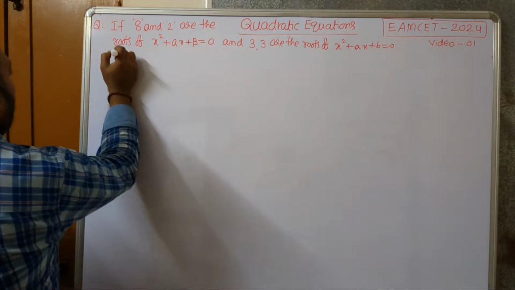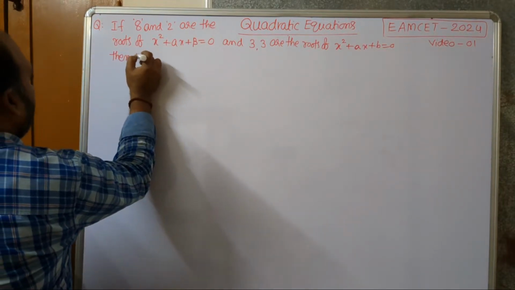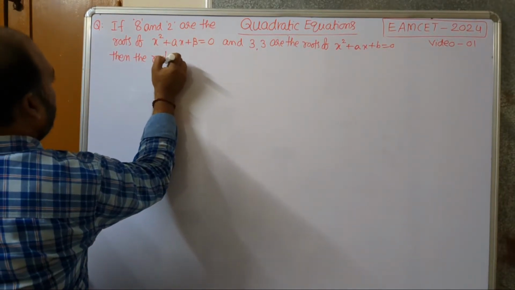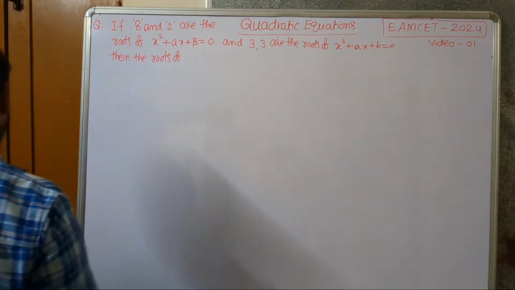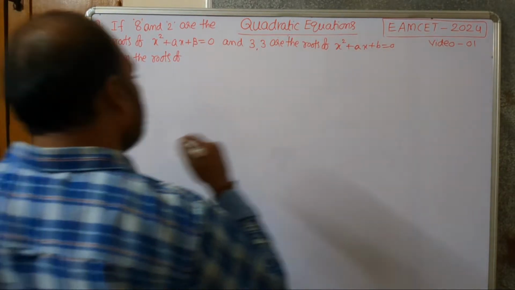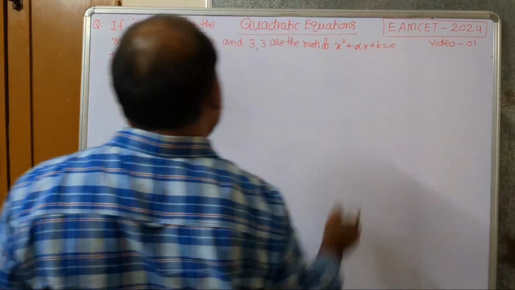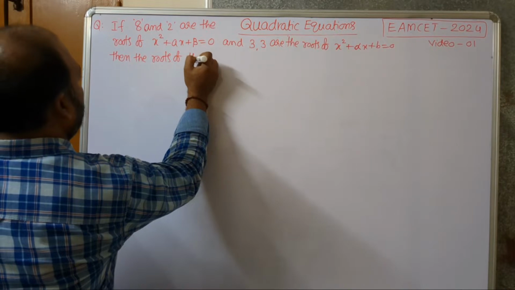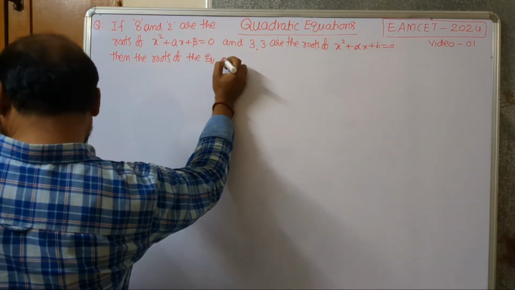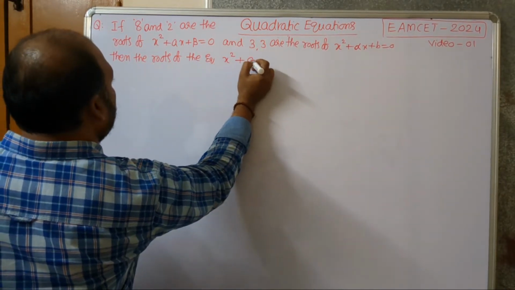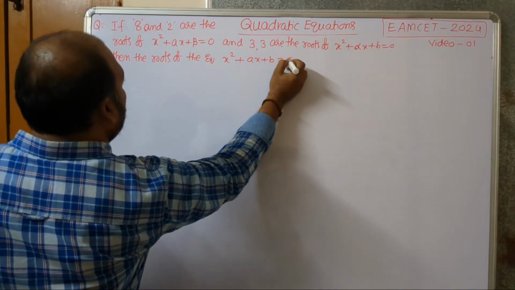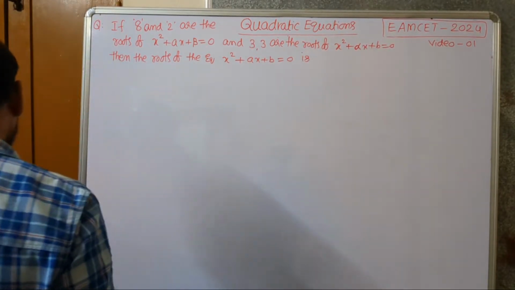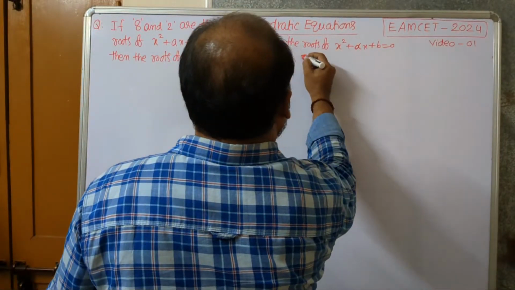Then the roots of the equation x square plus ax plus b equal to 0 are, 0 or roots means plural word.